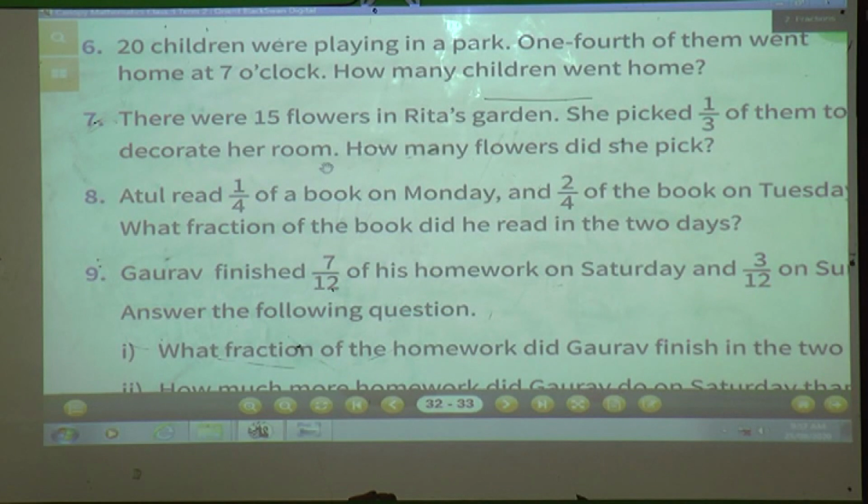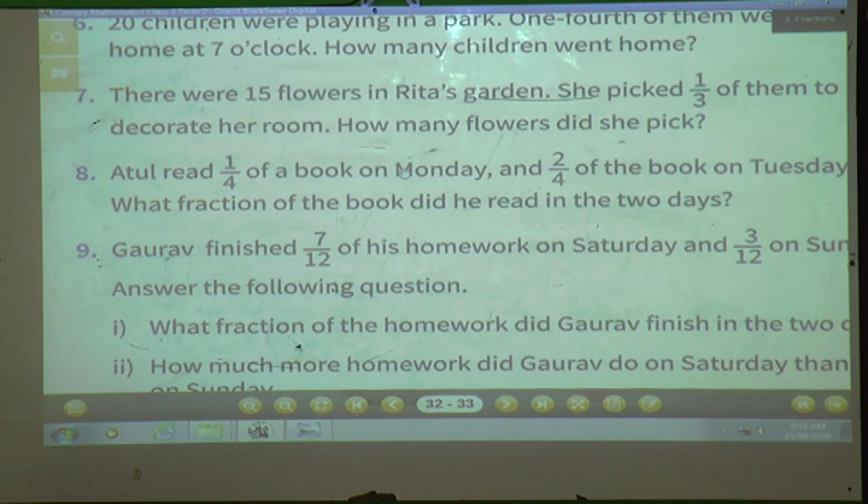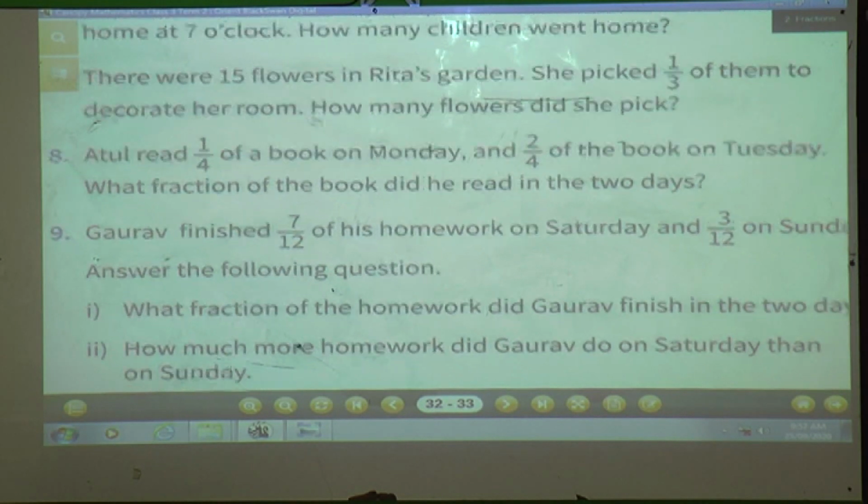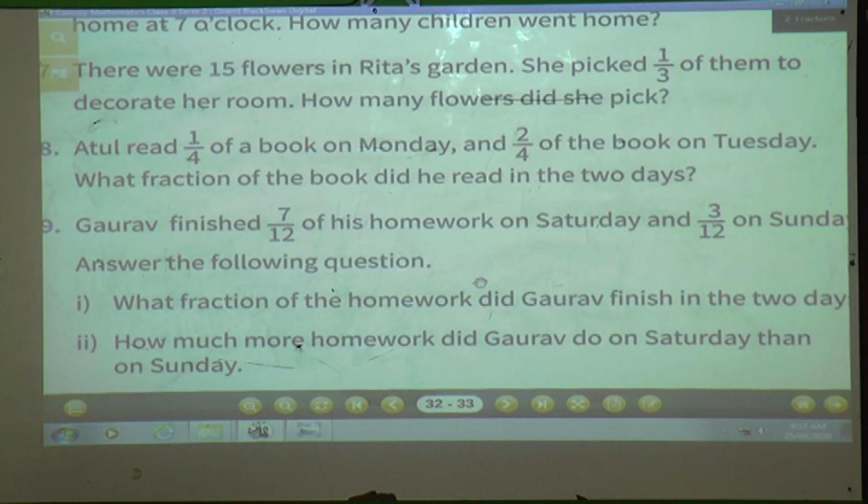See the 7th number. Read the question carefully. There were 15 flowers in Rita's garden. See, in Rita's garden, how many flowers were there? There were 15 flowers. She picked 1/3 of them to decorate her room. See, how many parts she picked? 1/3.